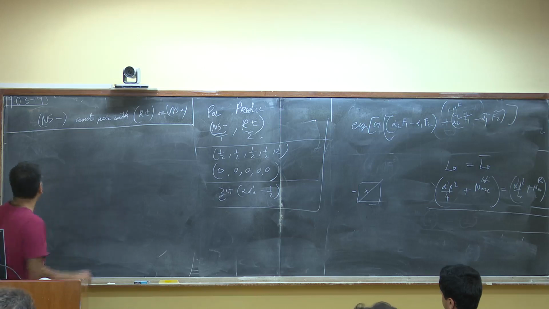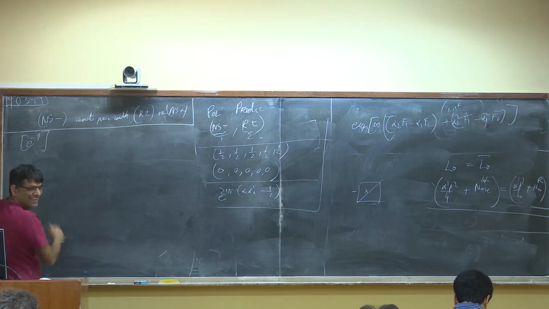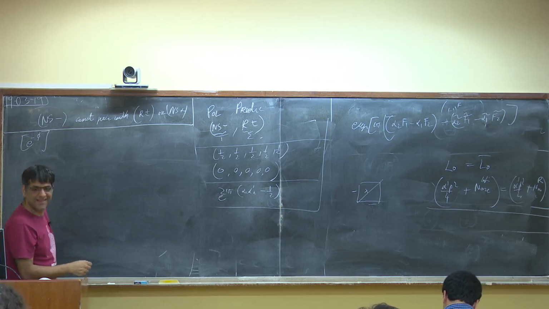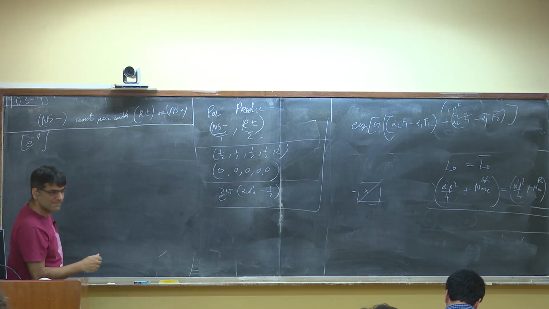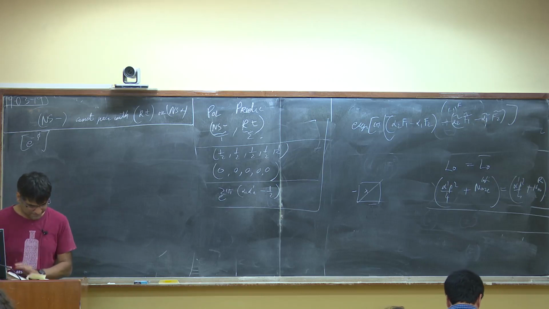Okay. So what was the scaling dimension of e to the power minus phi? Upmanyu, would you mind? 5 by 8? e to the power minus phi was minus lambda prime minus 1, and lambda prime was equal to... Sorry, I'll get it quickly. Half?